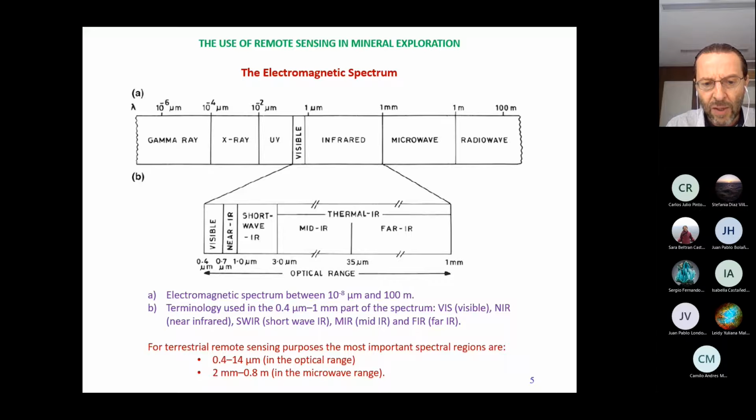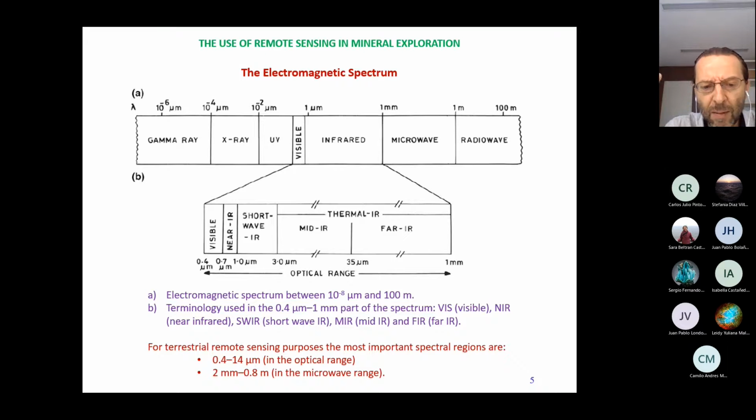The most important spectral regions are in the optical range, between 0.5 and 14 micrometers. So this basically takes us from visible into infrared and into the mid-infrared. That's basically what most of these sensors use.